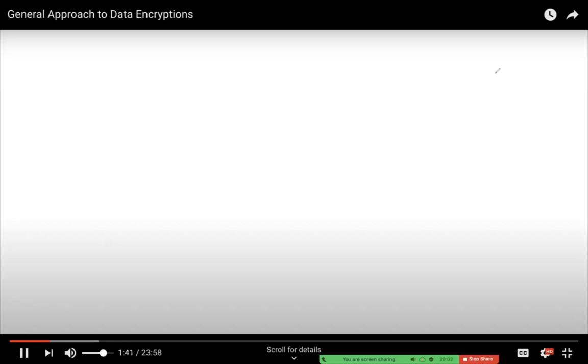So now we want to resist statistical analysis attack. We would like to have the following effects or features.